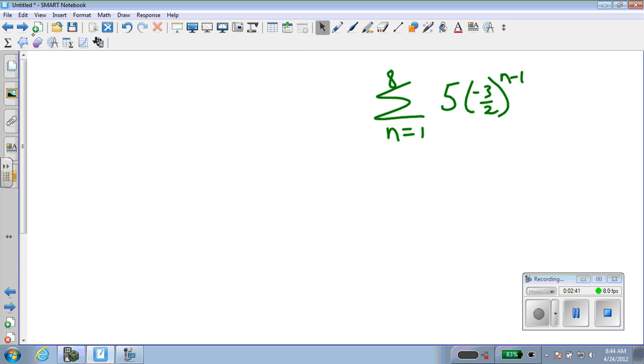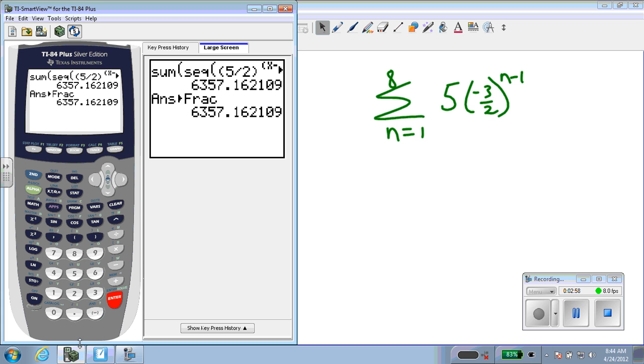Let's try that again. This is the sum of the first 8 terms of the geometric sequence that starts with 5 and has a common ratio of -3/2. Again, I'm just going to let my calculator take care of this.